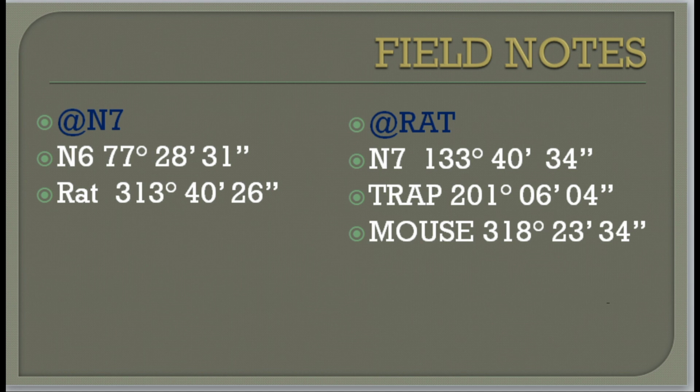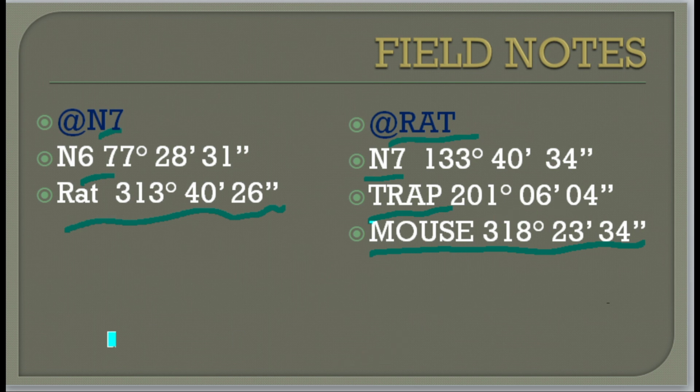Then from N7 to the Rat. Then on our last control station, here we have the Rat back to N7, then the Rat to the Trap, and then lastly our Rat to the Mouse.